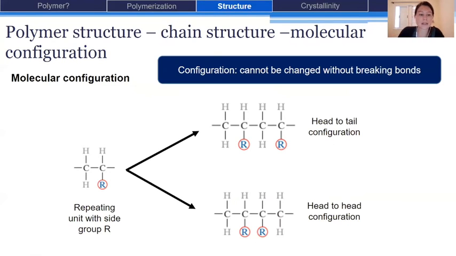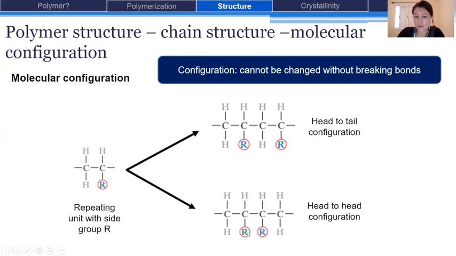Let's consider this repeating unit that possesses a side group R. You can have a sequence of these repeating units having an alternate order of this side group R. And in that case, we will talk about head-to-tail configuration.